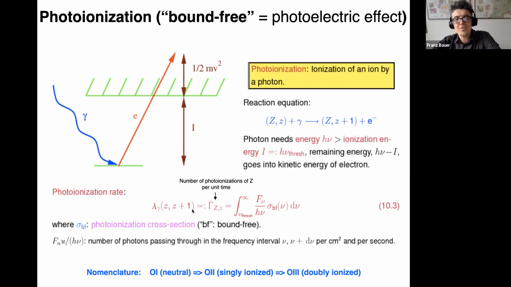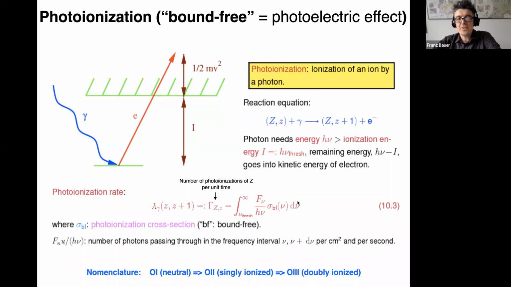The photoionization rate is given by this, from stage Z to stage Z plus 1. A different nomenclature would look like this, with capital gamma, Z to Z plus 1, where big Z is now the atomic number. So this is the number of photoionizations of some element Z per unit time in this given stage.